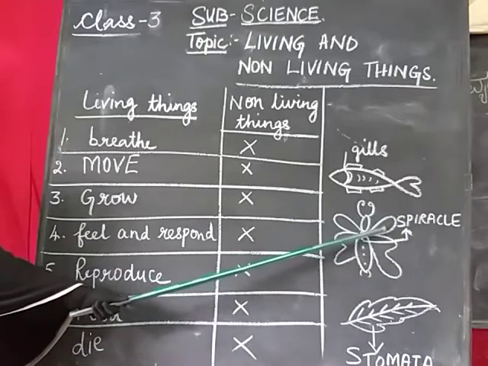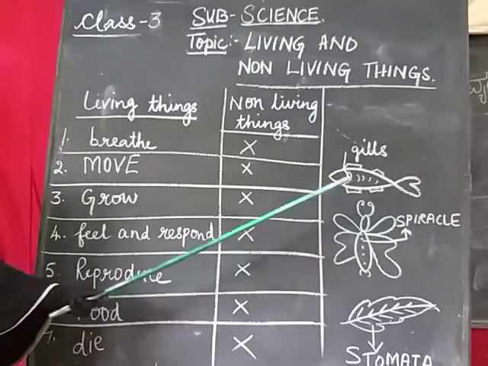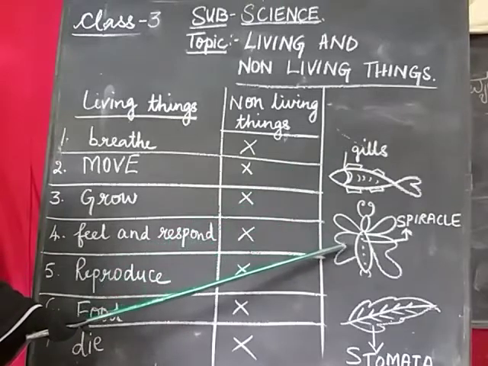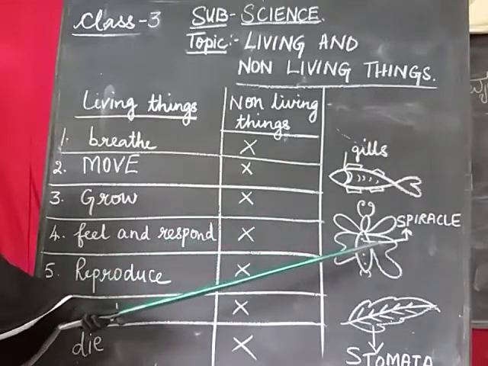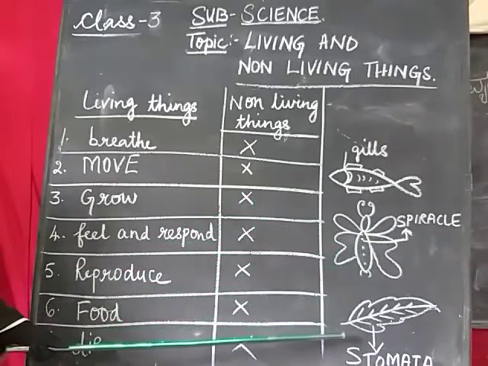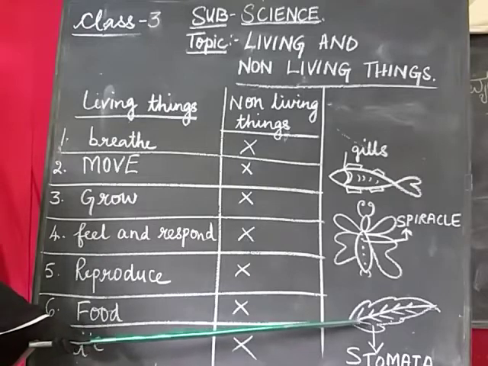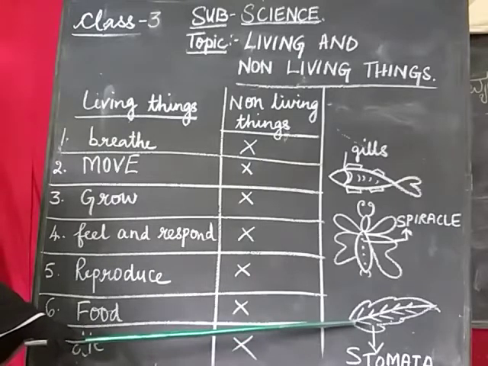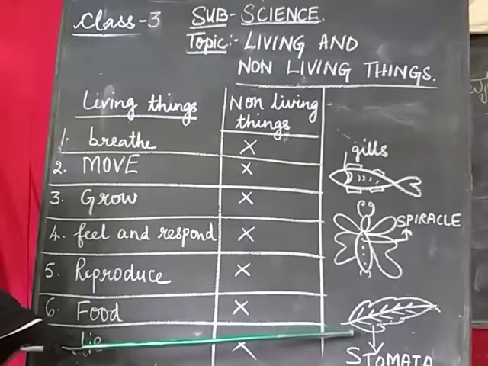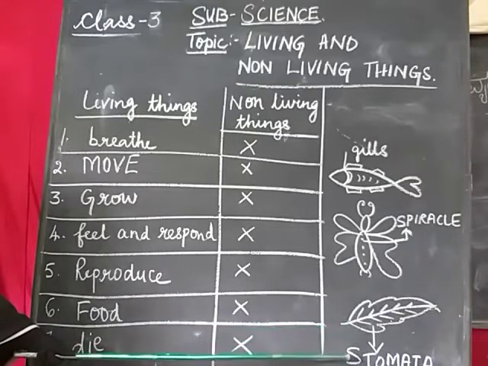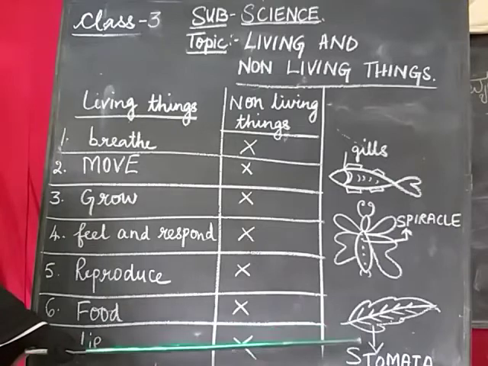So fish breathe with gills, insects breathe with spiracles. Then we have plants. As you all know, the leaf makes food. Now stomata are small holes under the leaf through which the leaf breathes. So stomata are the small holes through which the plant breathes.